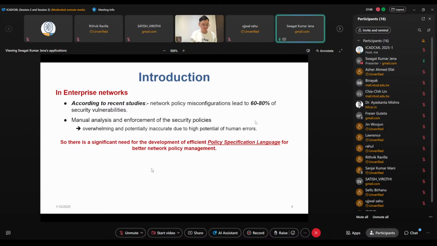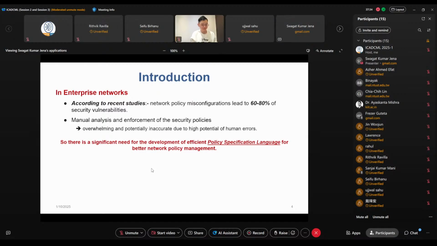If we start manual analysis and enforcement of security policy, it becomes hectic and potentially inadequate due to high potential for human errors. Therefore, there is a significant need for the development of efficient policy specification languages for better network policy management.